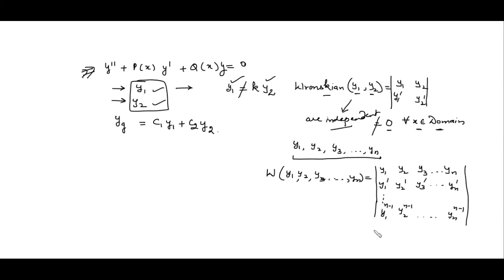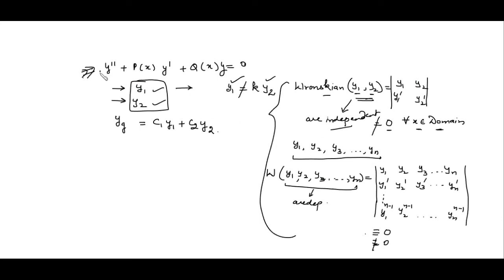If this is identically 0, then all these solutions are dependent, and if it is not 0 in the domain, then they are independent. So this is another way to check whether your solutions are independent or not. We can find the Wronskian, which is given by this formula. If this is non-zero, we say the solutions are independent, and if it is 0 for x lying in the domain, they are dependent.